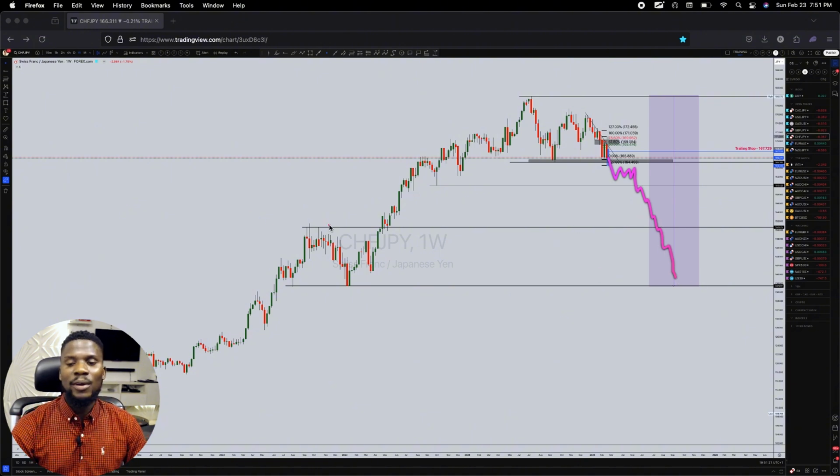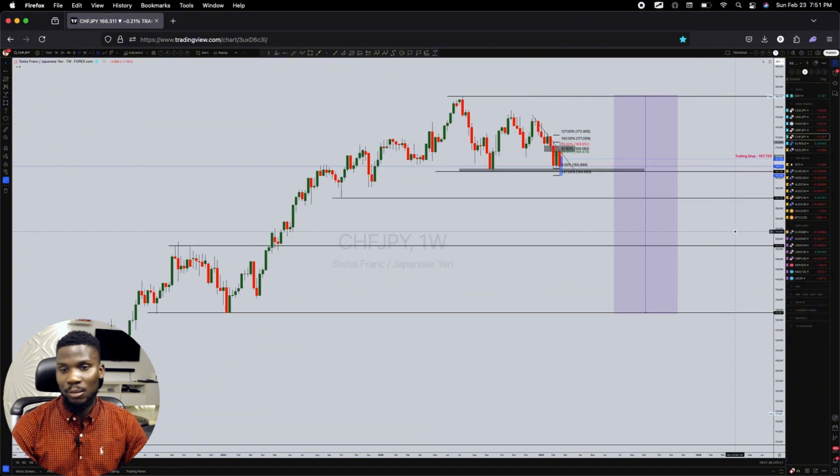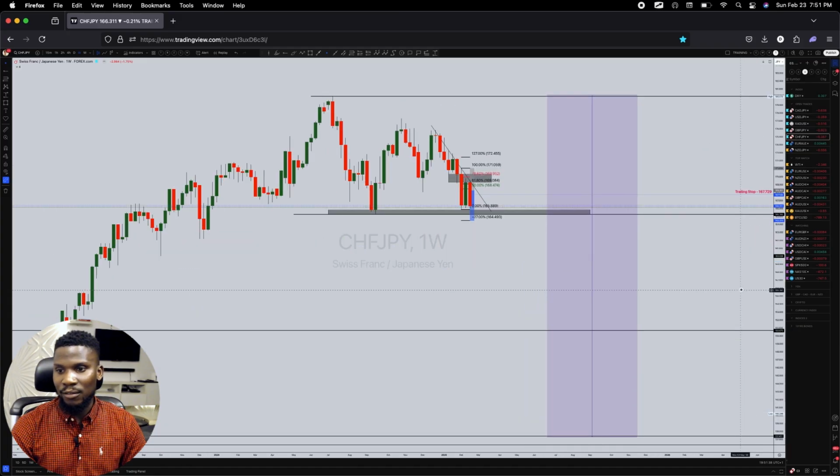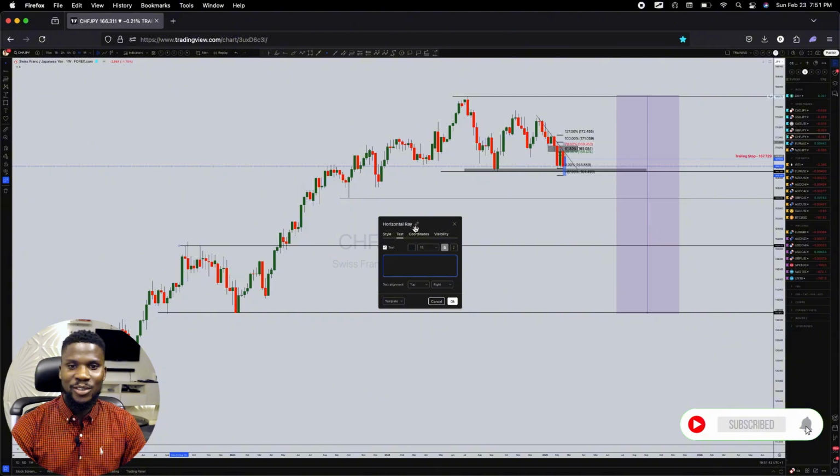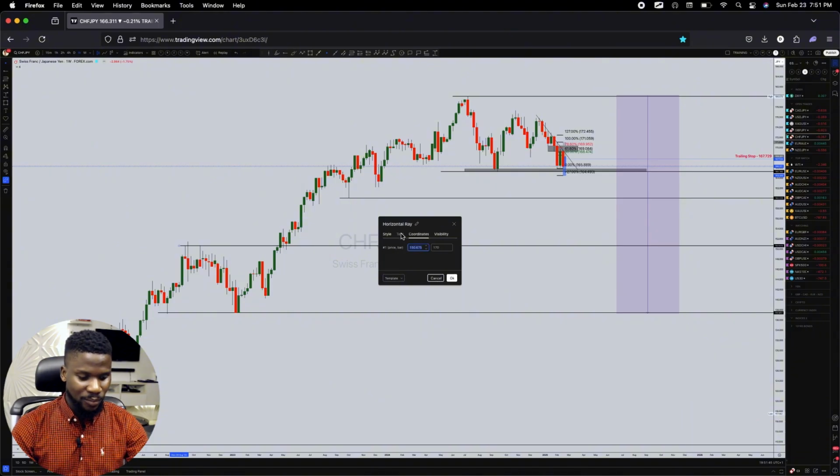At least before we can even start anticipating a very big challenge, I would say we get it all the way to this area first, which is around 140 something. I can't really see from here because I'm using a very tight zoom. Let me see if I can get the coordinates for you.